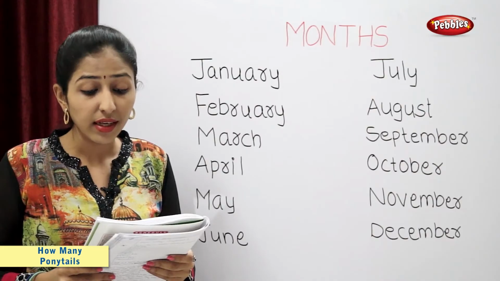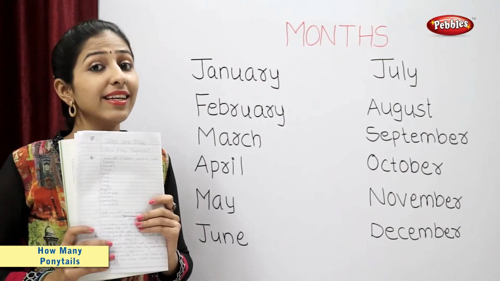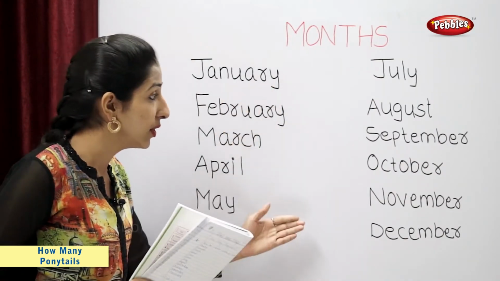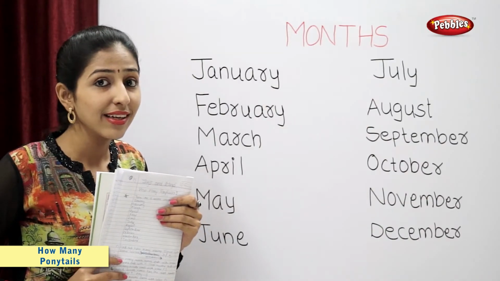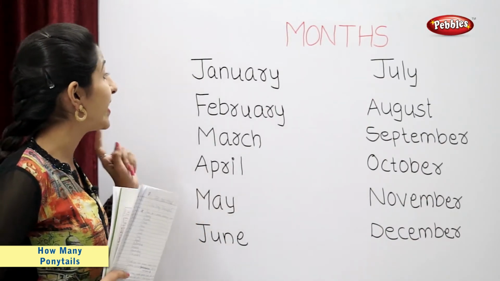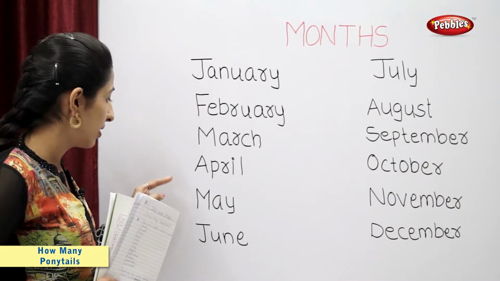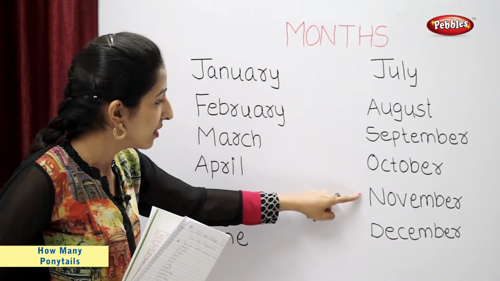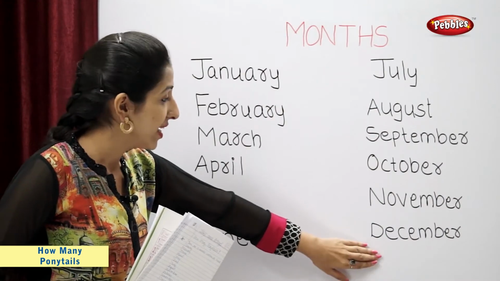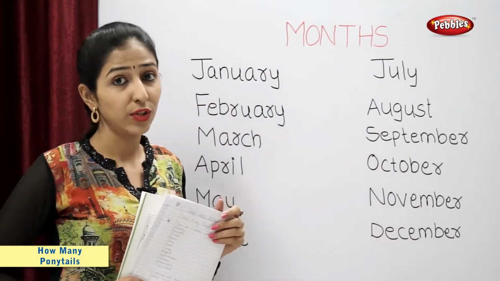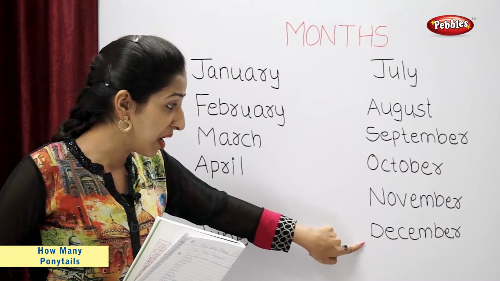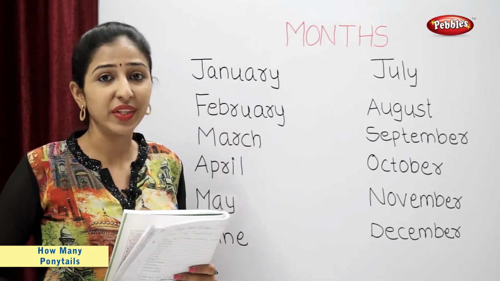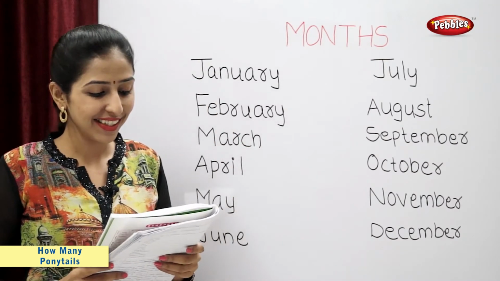How many months start with the letter D? Students, look here and tell me letter D. D. December. So, there is 1 month, December, starting with the letter D.